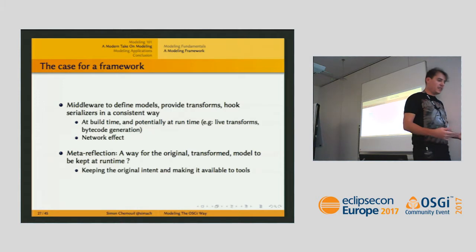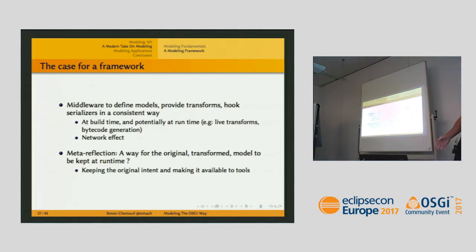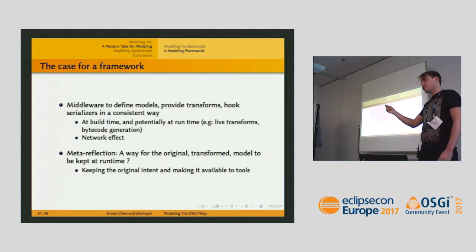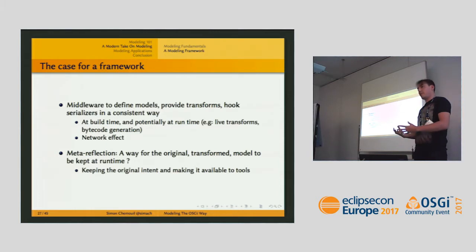And it's also interesting sometimes to have what we can call meta reflection. If I transformed my service definition into Java code and use Java reflection, I'm going to see the results of the transformation, but the original intent from the model that I had is potentially lost.